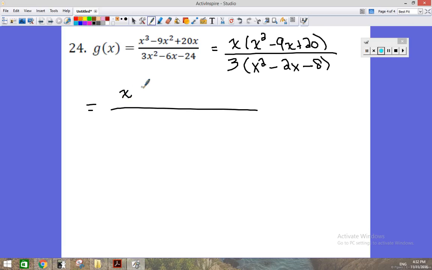So in the numerator, x minus 5 and x minus 4. In the denominator, x plus 2, x minus 4.